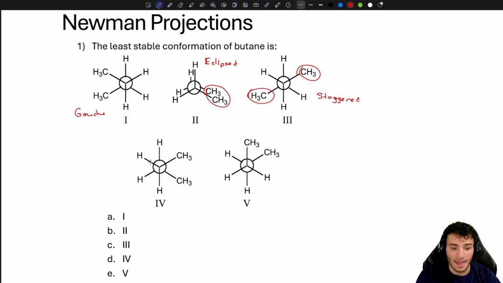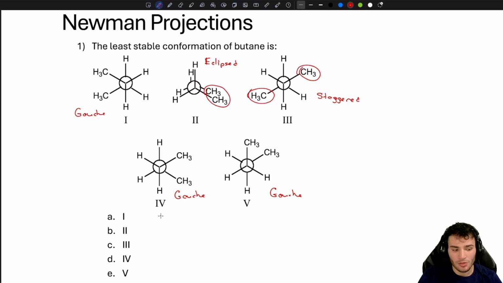Now, answer 4, notice that this is the same as option 1, but just flipped, right? So on the right side this time. Again, this is gauche, so it's not super unstable, but definitely not the most stable it could be. And 5 is also gauche, in which these two largest groups are still next to each other, right? Just in a different area.